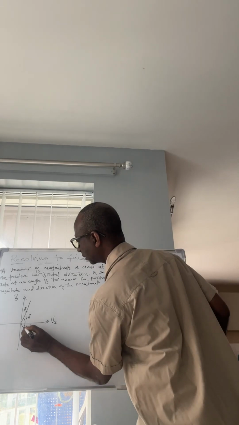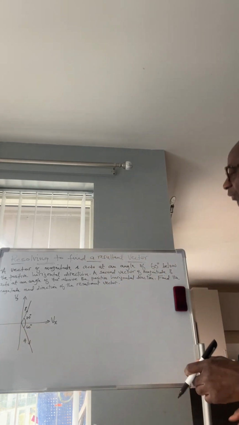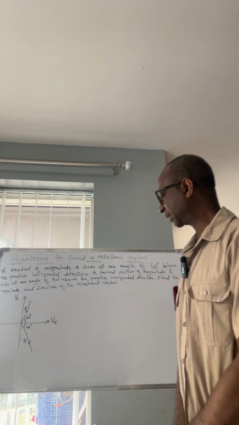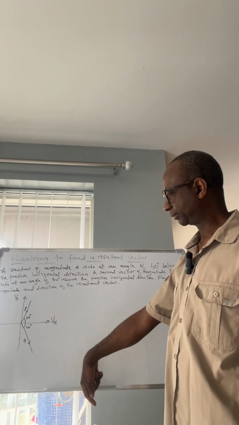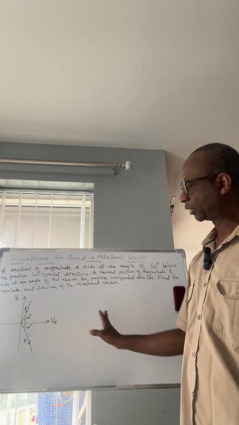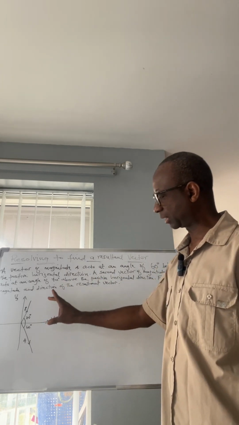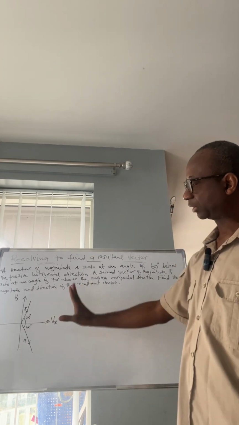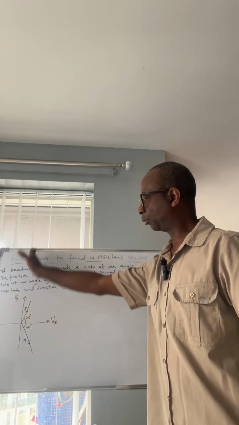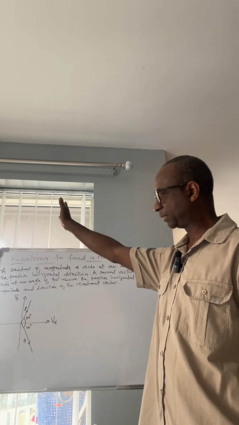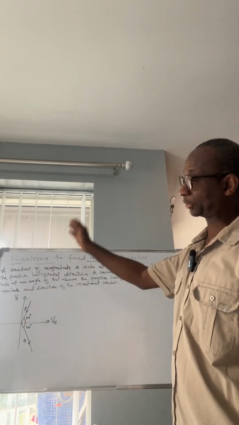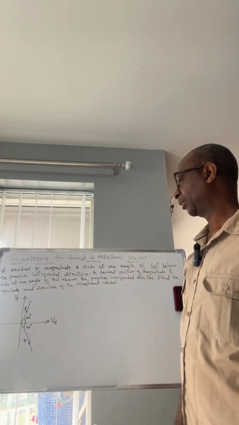So let's resolve these two vectors. But one thing you can notice straight away is that one is going up, one is pointing down. So if we are going to resolve these two vectors along the vertical axis, one is going to be positive, one is going to be negative, because they are going in opposite directions.